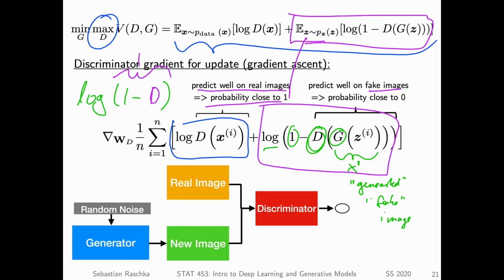Put a 0 here, this term becomes 1. This becomes 0, because we have then log of 1 equals 0. And this is then also the maximum value we can get for the right part here in this equation.